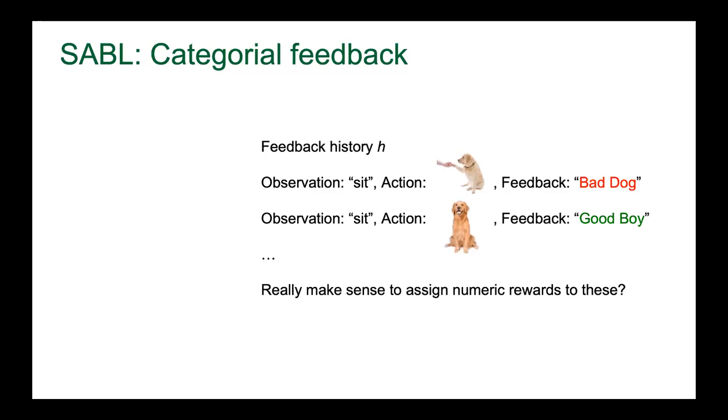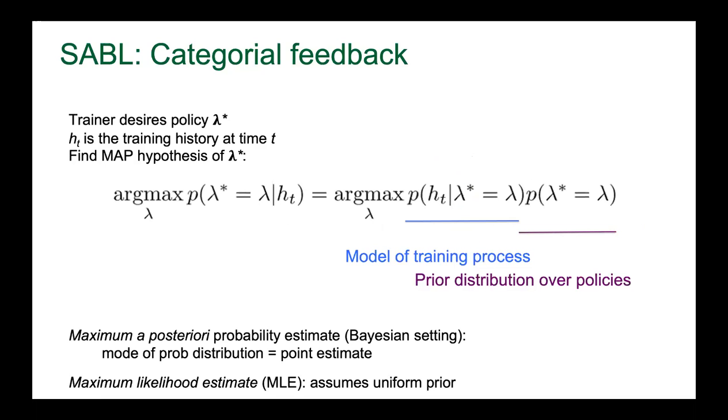So if we say sit and the dog shakes, say bad dog. Why is that a -1? Why isn't it a -5? Or if we say sit, the dog sits, and we say good boy, why is that a +1 or a +10? So instead of treating this as numerical feedback, instead we use a Bayesian approach and treat it as categorical feedback.